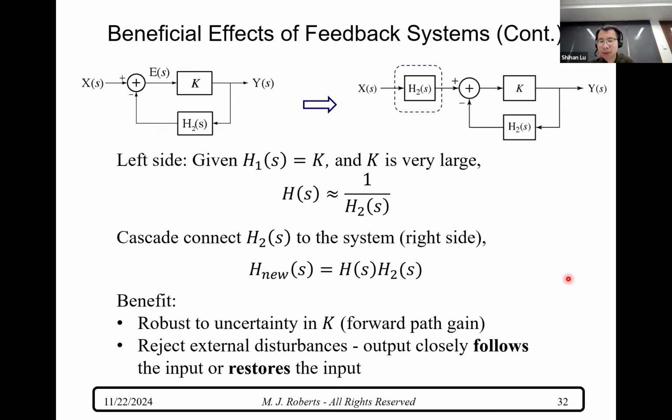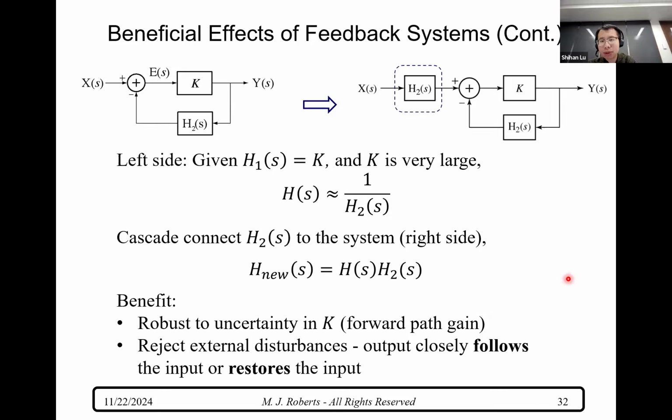We talked about two benefits from the feedback system using this simple example, when the original system response is just a linear amplification with coefficient k, but the k is very large.